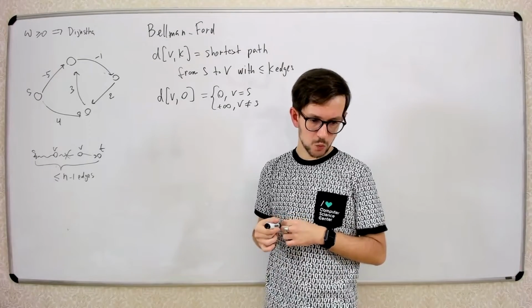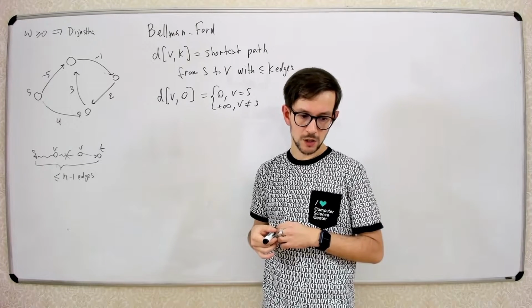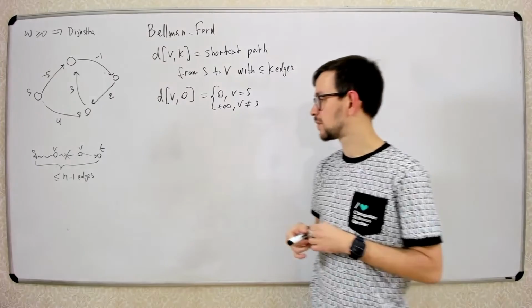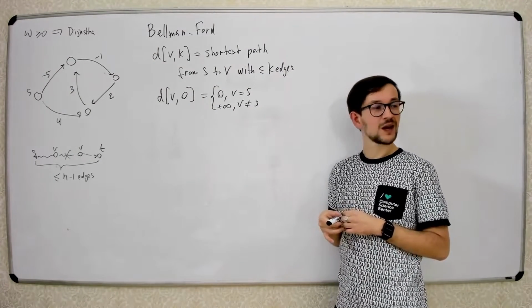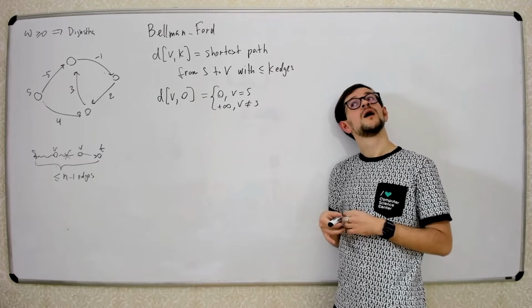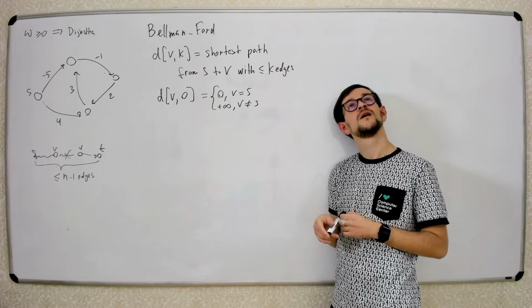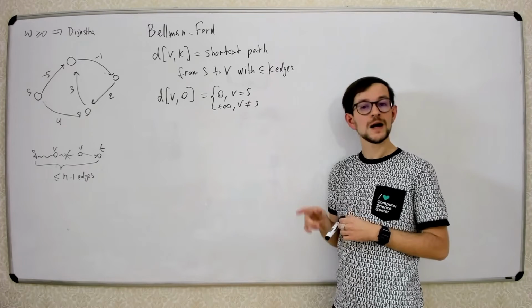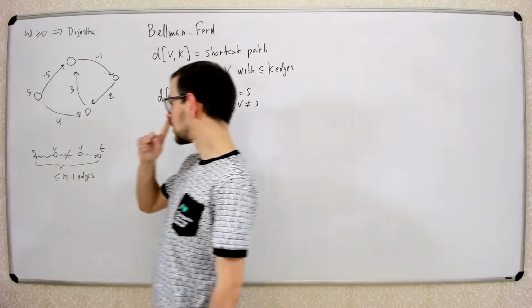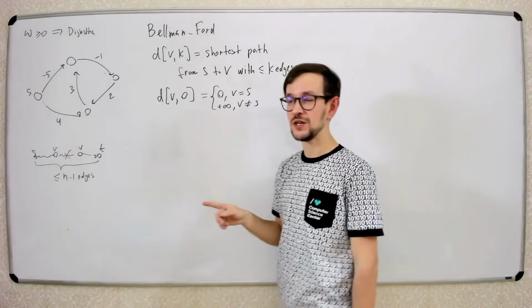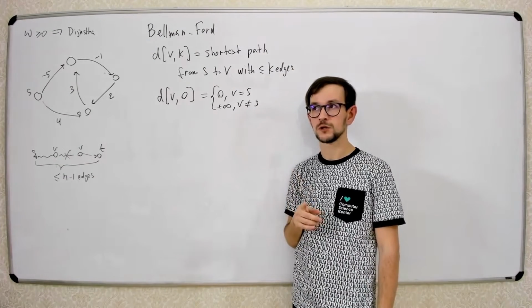When we have a negative cycle, why don't we try to solve the problem of edge simple shortest path? Edge simple shortest path. Let me think. I'm not sure if this problem is solvable or not. If you consider only edge simple shortest paths from S to T, would this problem be complete or not? I'm not sure about this.